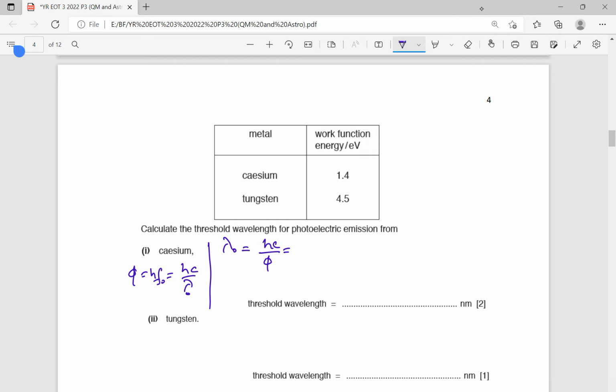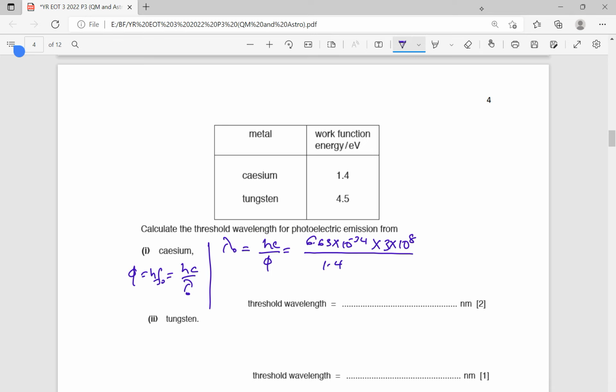By substituting, this will be 6.63 times 10 power negative 34, that is Planck's constant, then times 3 times 10 power 8, that is the speed of light, divided by the work function for cesium, which is 1.4 but is in electron volts.